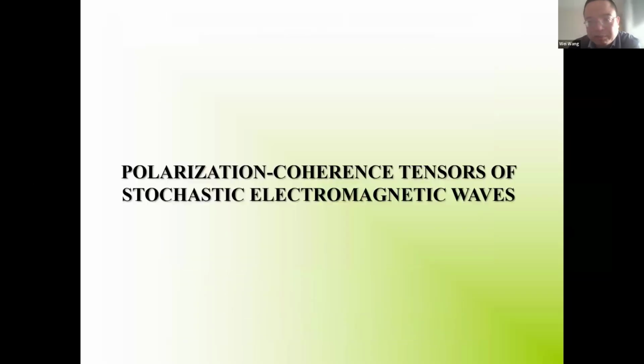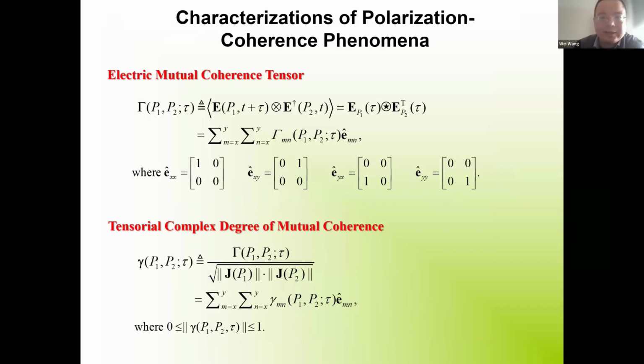Now let's come to more theory about the polarization coherence tensors of the stochastic electromagnetic waves. Before, we showed you the measurement of the mutual coherence matrix. To characterize the polarization coherence phenomena, we are able to write the electric mutual coherence tensor in this way.